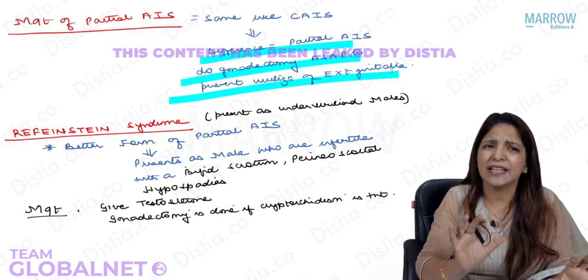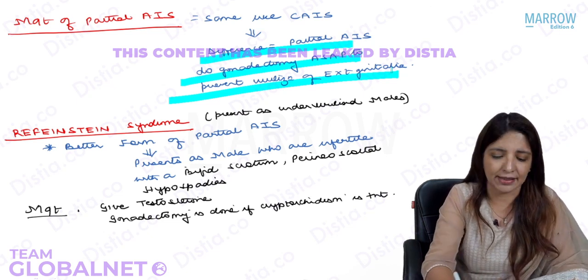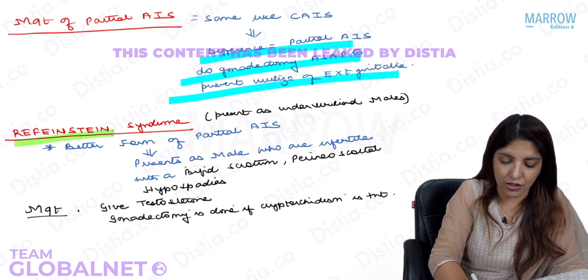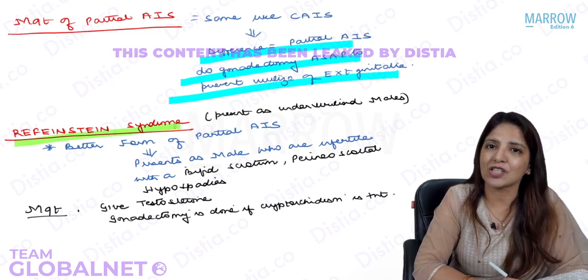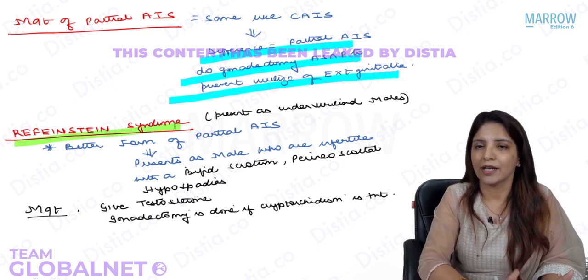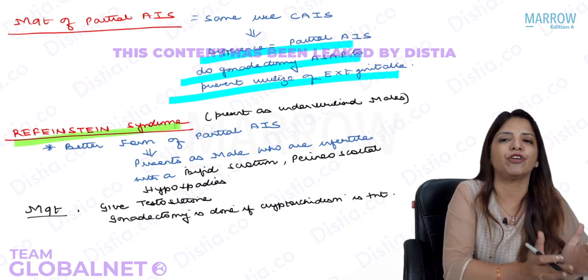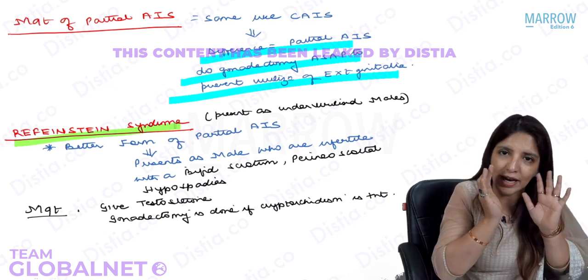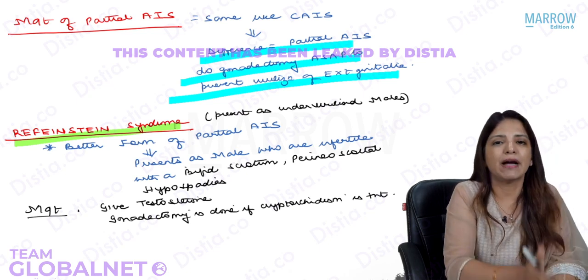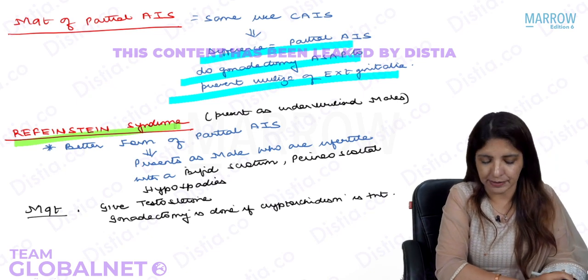Then comes the mildest form of androgen insensitivity, and that is Reifenstein syndrome. Now, in Reifenstein syndrome, the child doesn't present to you as a female child. The child presents to you as a case of an under-virilized male child. The child will be a male child, but the virilization, that is the effect of androgens, would be less. Right?